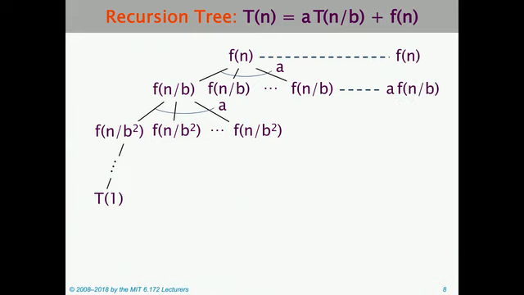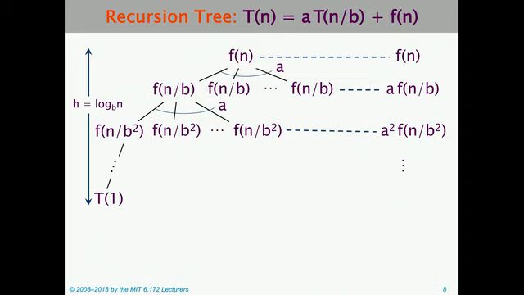The second row adds up to a times f of n over b. The third one is a squared f of n over b squared, and so forth. And the height here now, since I'm taking n and dividing it by b each time, how many times can I divide by b till I get to something that's constant size? That's just log base b of n. Okay, so far, review. Any questions here for anybody?